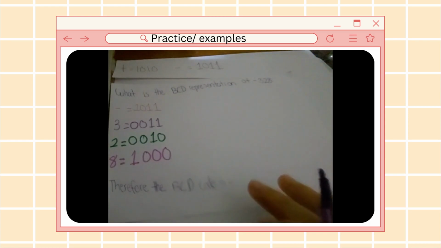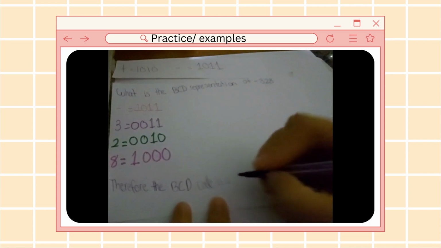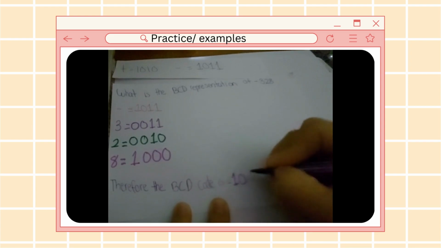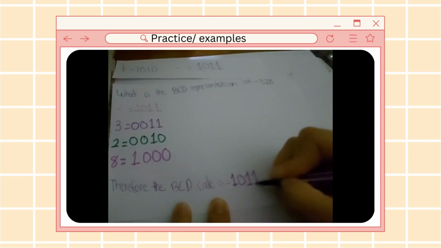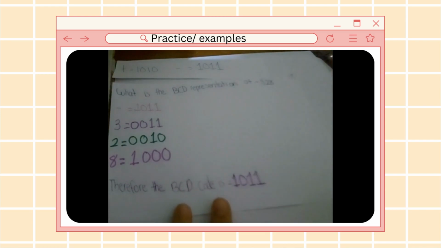Now then, according to the rules, the negative sign should go first. Therefore, we will write 1, 0, 1, 1 first, and then follow it up with all the other digits.